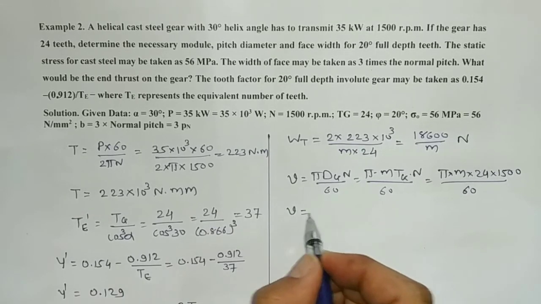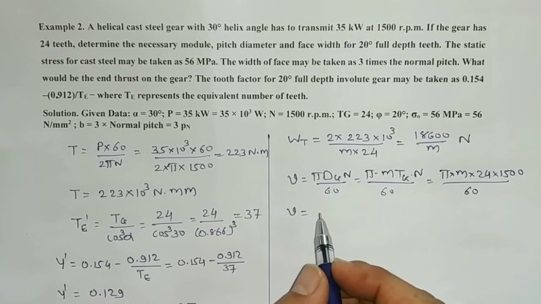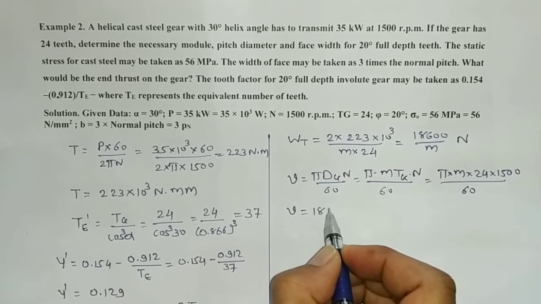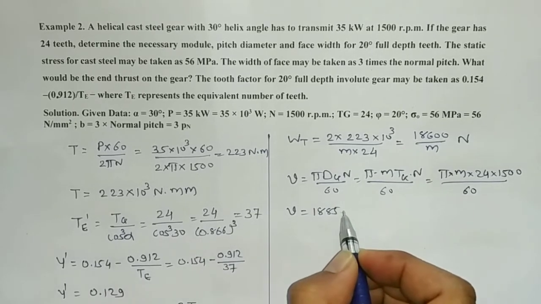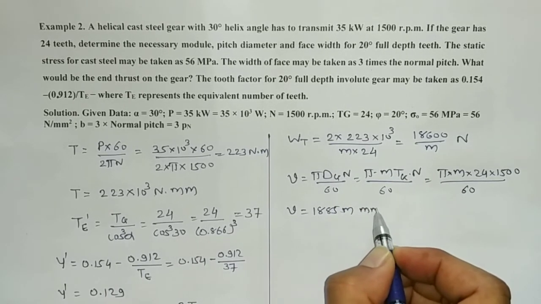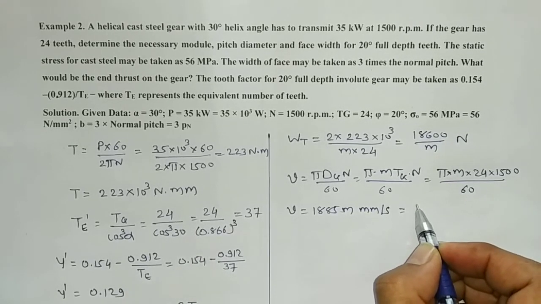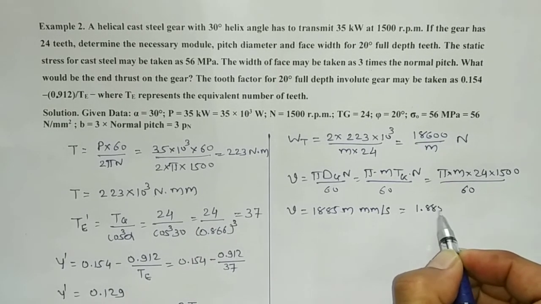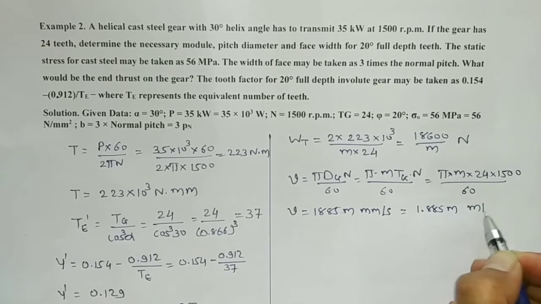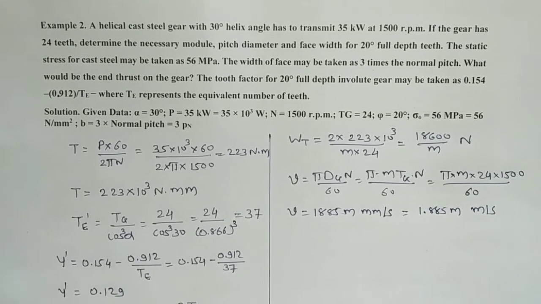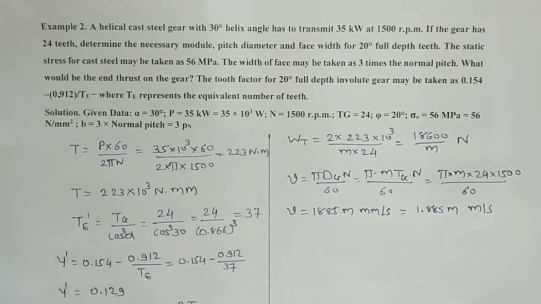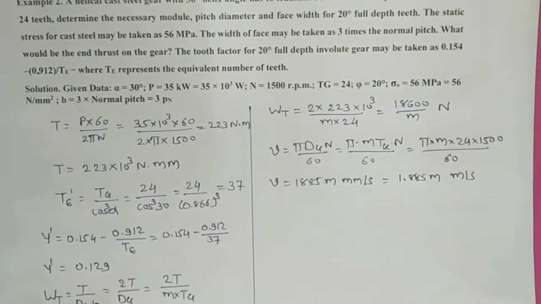So therefore peripheral velocity in terms of m is equal to 1885 mm per second. Now convert it into the meter per second. 1.885 m meter per second. Okay, peripheral velocity.